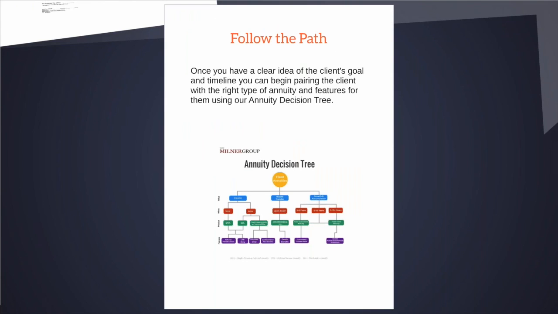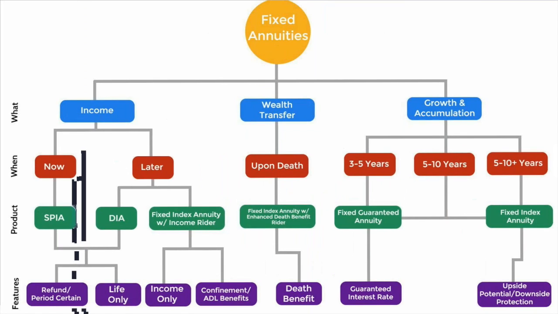Hopefully you're all logged online right now and you can see what I'm looking at, but essentially we have created a decision tree that will make the path very, very easy to follow based on the client's primary objective. So as you can see on the screen, there's 3 goals: income, wealth transfer, or growth and accumulation. Based on the answer that they give you for their number 1 goal, you just follow it down.